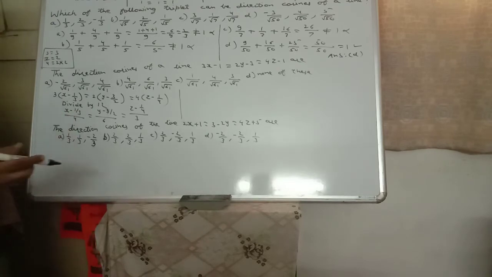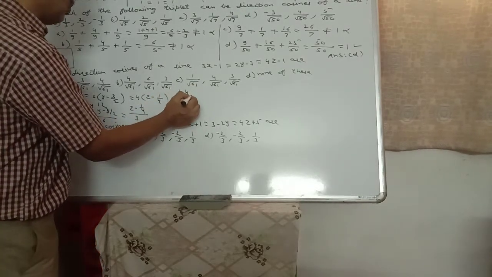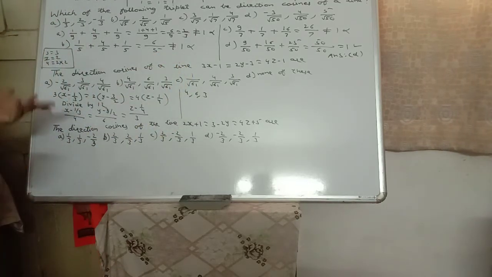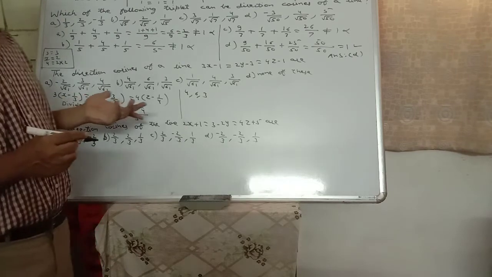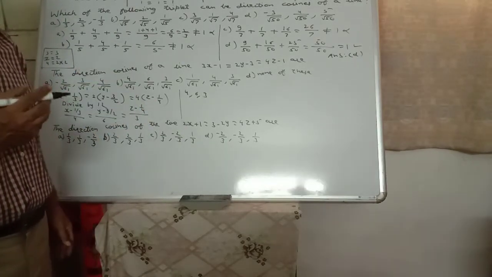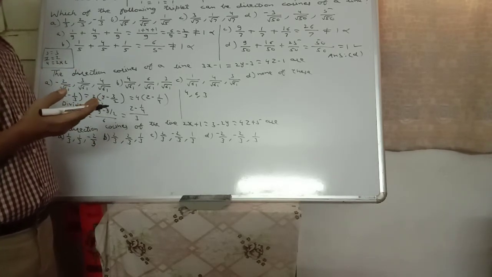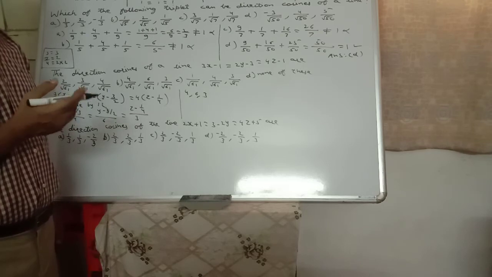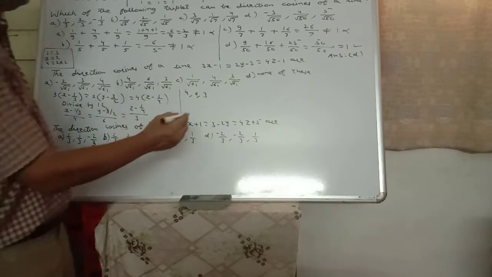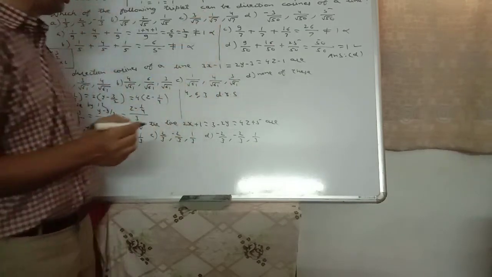Here the numbers in the denominator, 4, 6, 3, cannot be direction cosines, because the sum of squares of direction cosines is always equal to 1. Means each direction cosine should be less than or equal to 1. It cannot be greater than 1. It means that these numbers are direction ratios of the line.